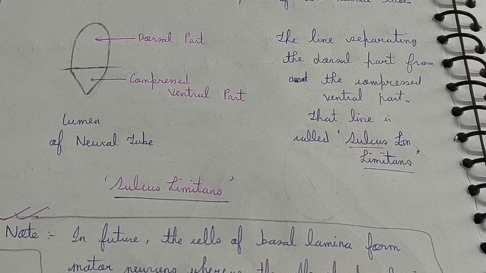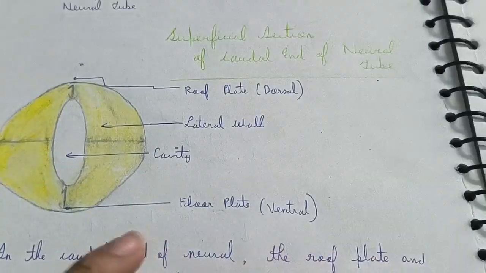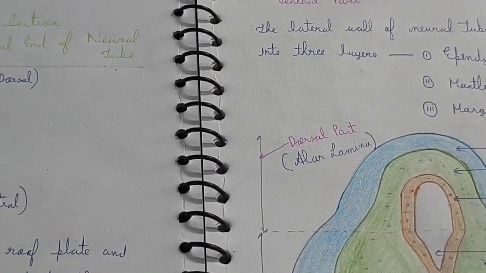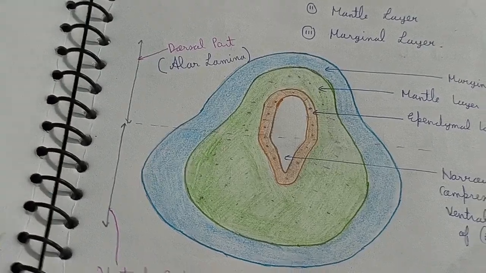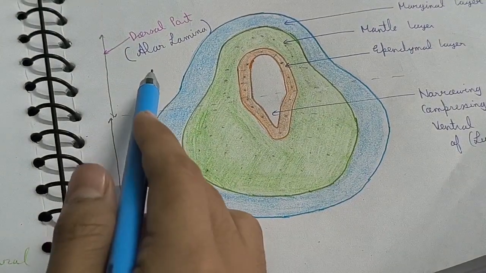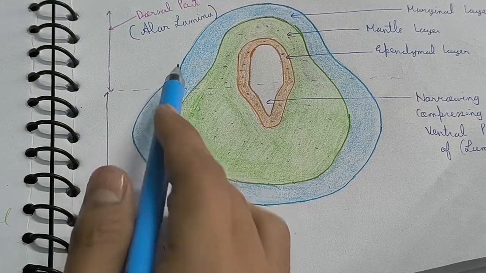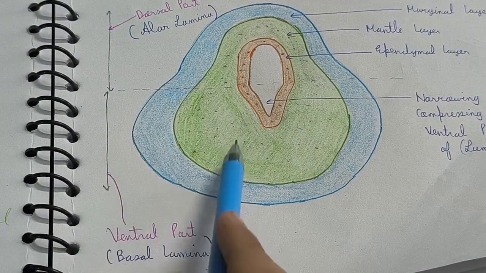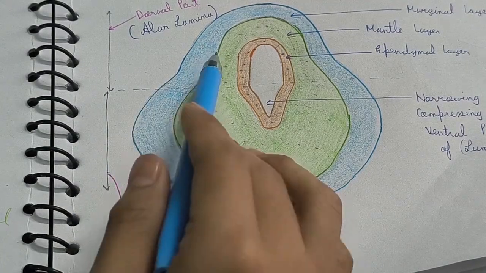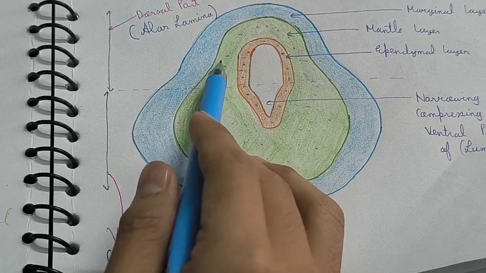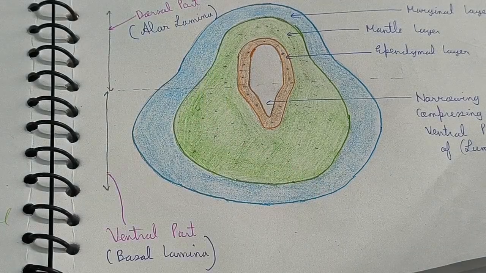Now here is the basal lamina, and this is the dorsal lamina. Sorry, it is the basal lamina and it is the alar lamina. In future, motor neurons will develop here, and sensory neurons will develop here.